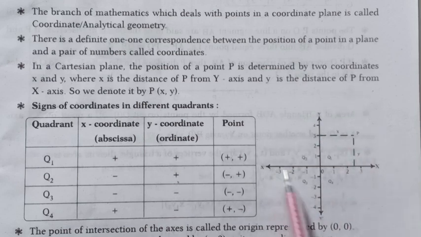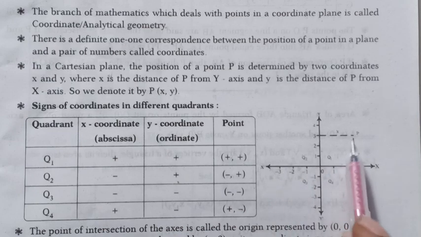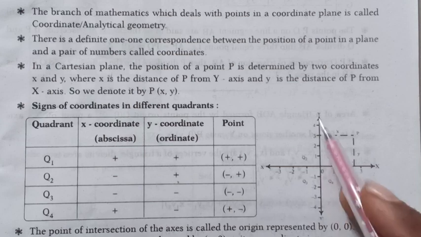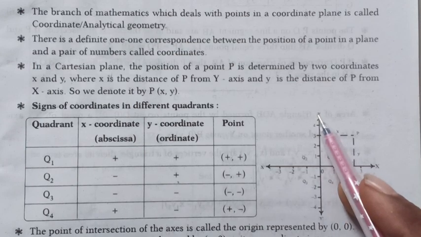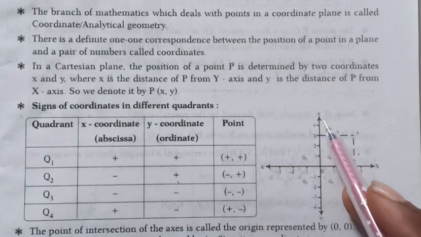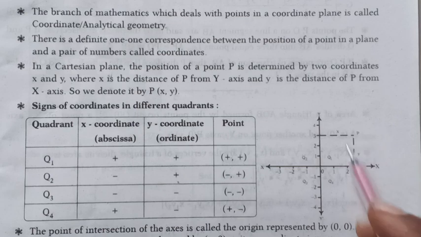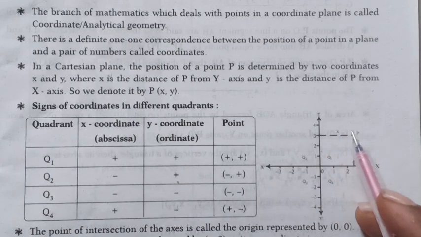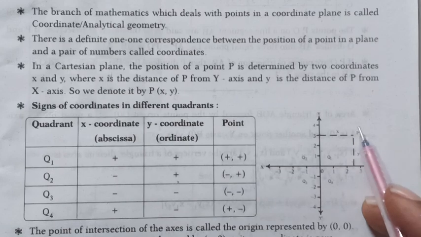The first one is plus plus, that means the x-axis positive side and the y-axis also positive side. It is covered with x plus and y plus, so it's called quadrant 1.